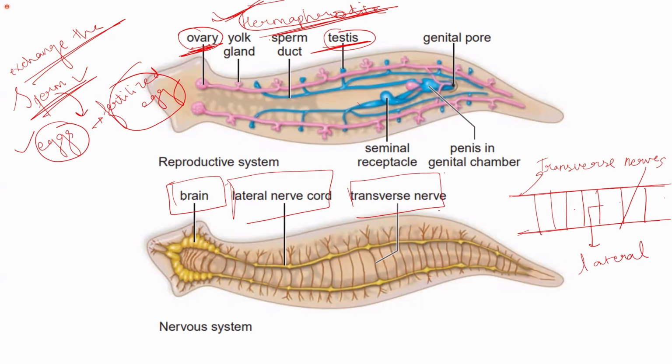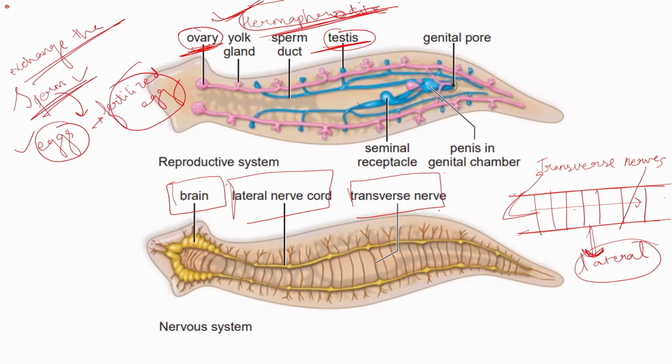Sorry, I'm really sorry. These are the transverse nerves and these are the lateral nerves. The transverse nerves run like the steps of a ladder along the lateral nerve cord. Although they have a well-defined nervous system, it is relatively simple.